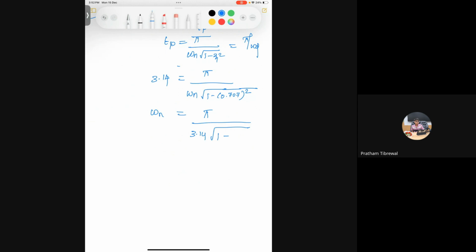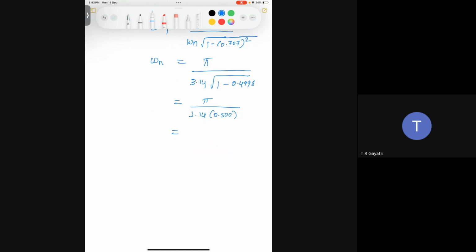Calculator. 0.707 into 0.707 is 0.5, and 1 minus that is 0.5.